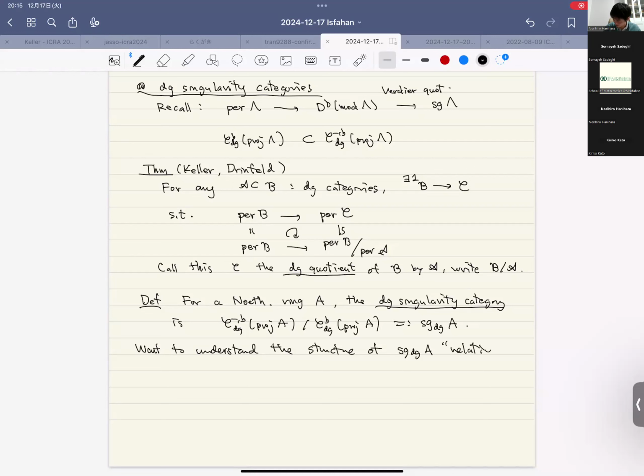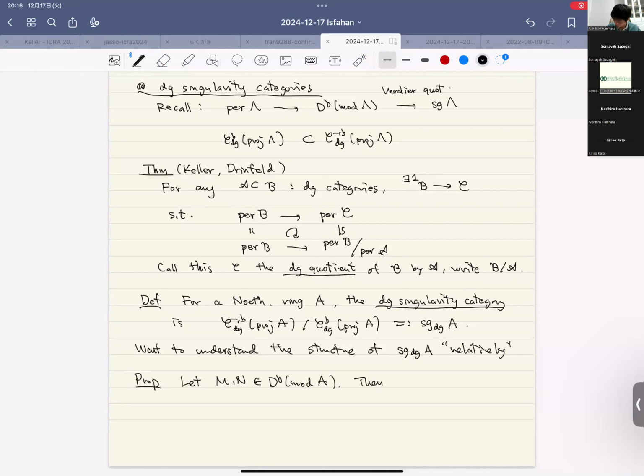This is somehow the original definition due to Keller, and this is summarized in the following proposition. In the morphism complex, let's consider the objects in the bounded derived category of a Noetherian ring A.